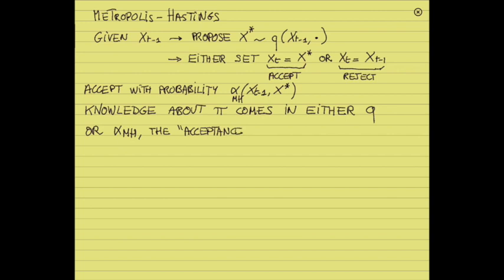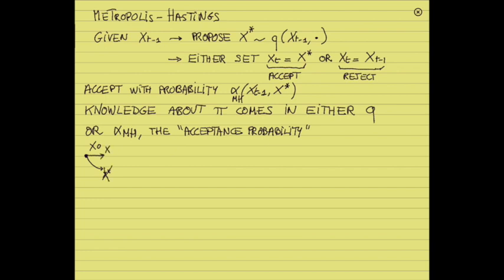Typically, at least in the most naive versions of the algorithm, Q doesn't look at anything to do with pi, but alpha includes pi in its computation. We're going to see some examples very soon.